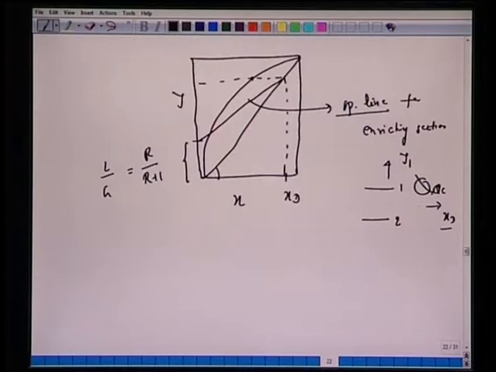So we have y1 here. Let's mark this point. This y1 is in equilibrium with this liquid at x1. So we have this x1, and now we have this y2 connected by this operating line. So we have this second point y2.